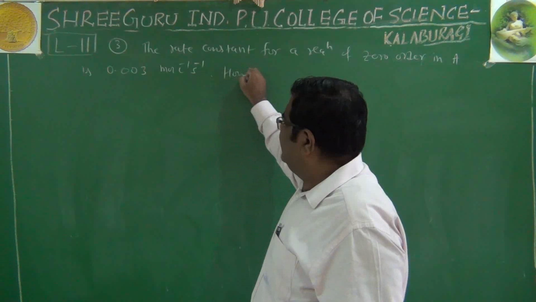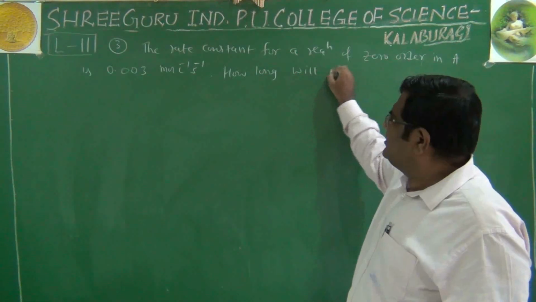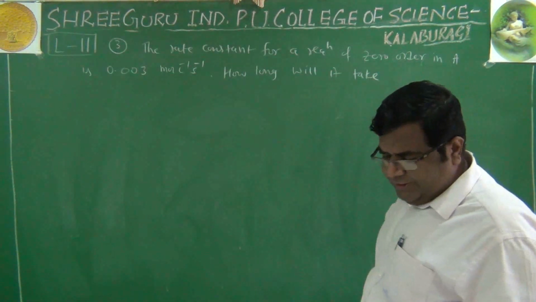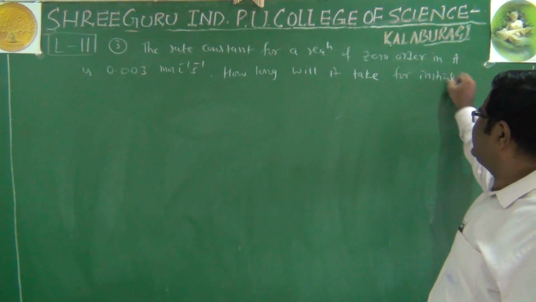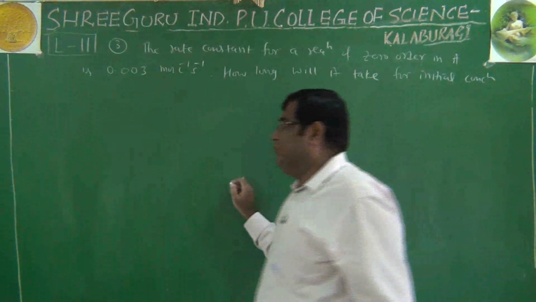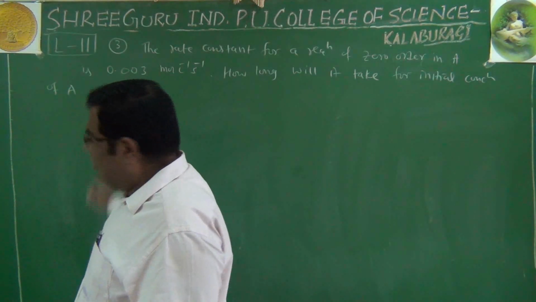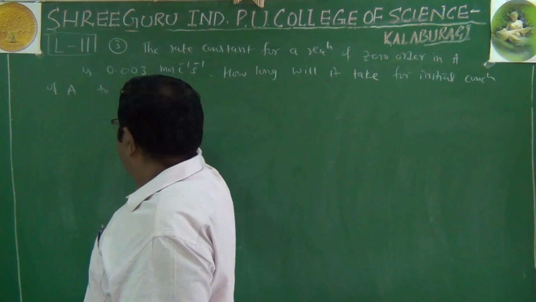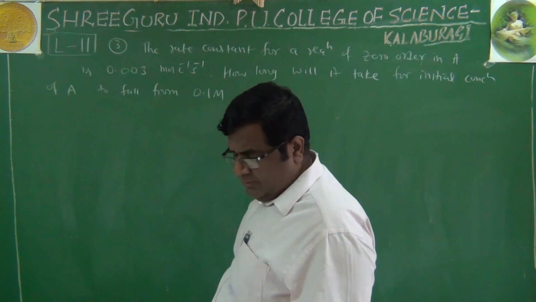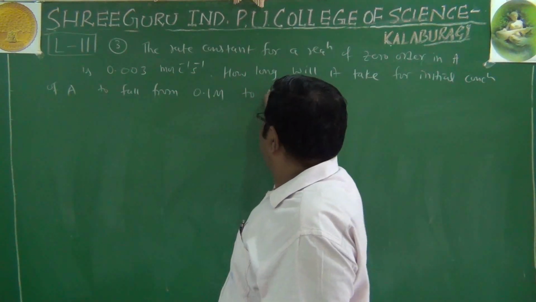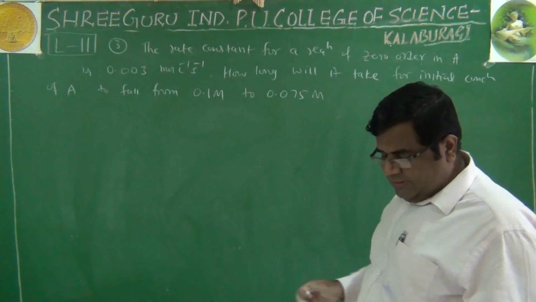How long means they are asking for time. How long will it take for the initial concentration of A to fall from 0.1 mole per liter to 0.075 mole per liter? This is the question before us.